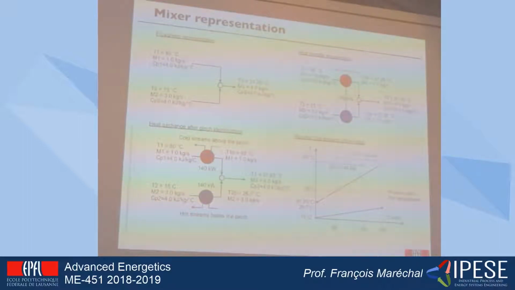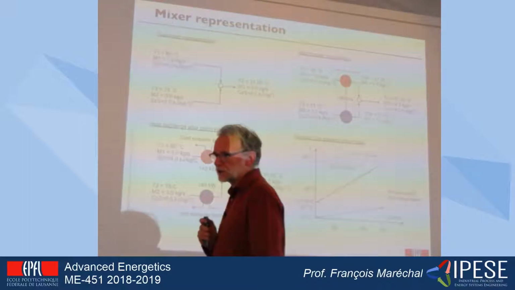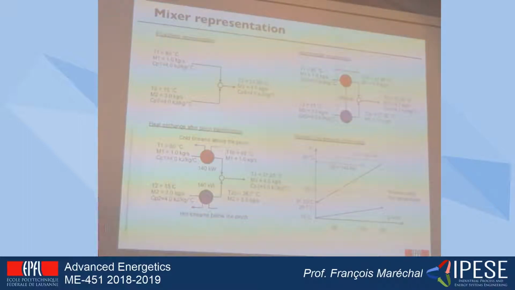And the first one is, how do I represent a mixer? This is something that I have already shown once. When you have a mixer, so a mixing is a process unit operation. Okay?